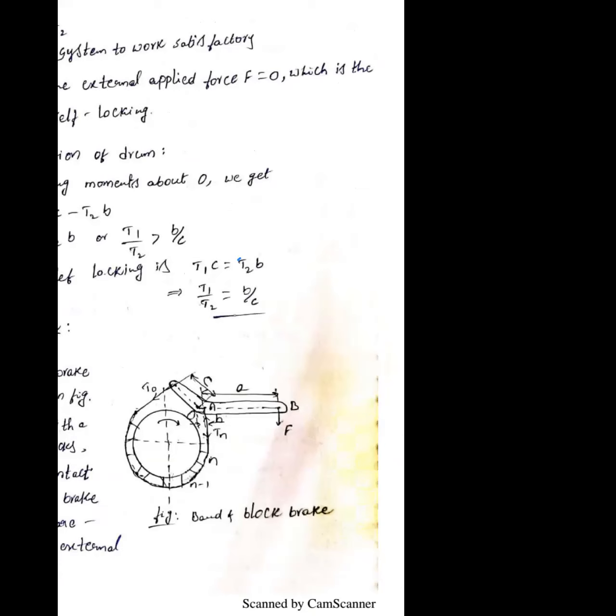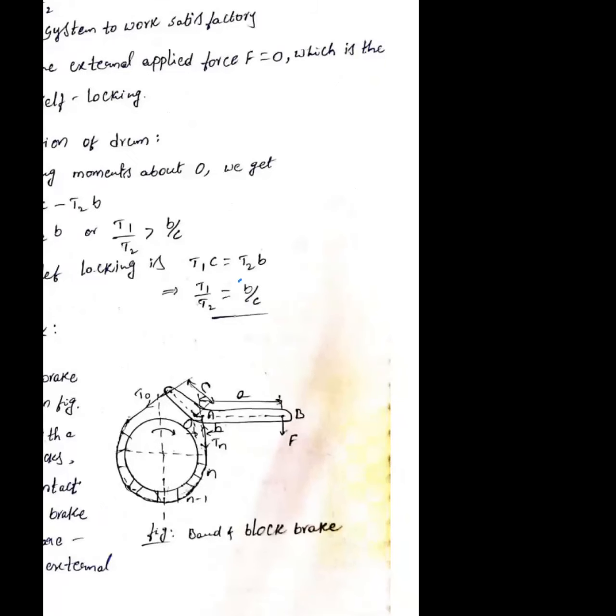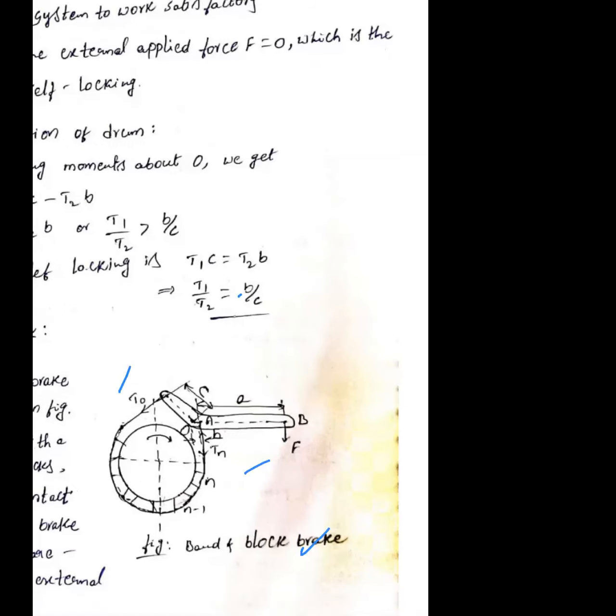When we have a number of wooden blocks, we consider Tn on the right side, and T naught is there at the starting side. B is the distance from the fulcrum, and the distances are the same, B and C, to the T naught.